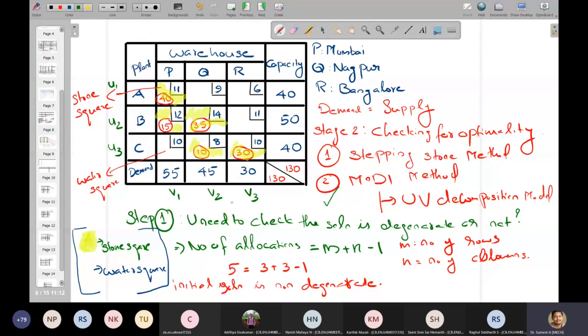Now, how did we find whether a better solution exists or not in linear programming problems? Until it becomes less than 0.